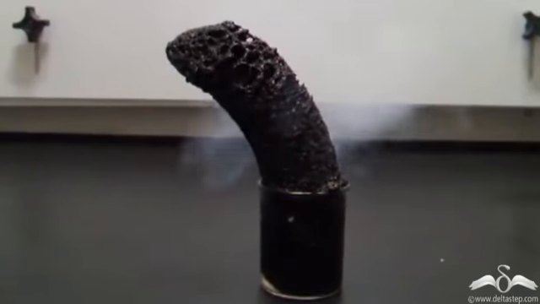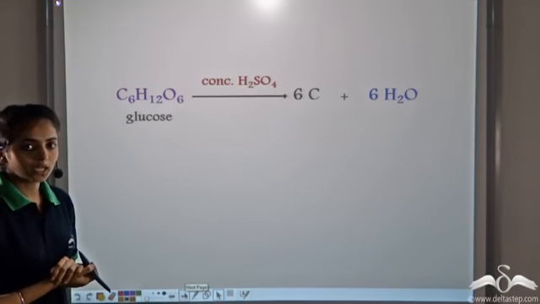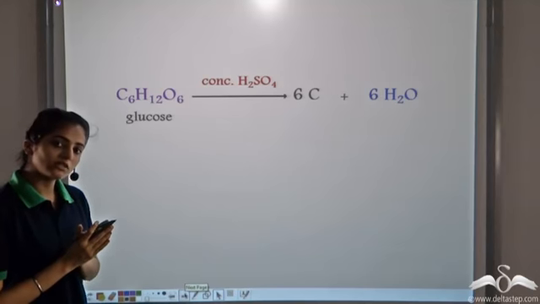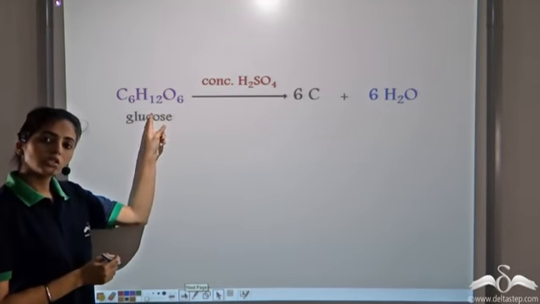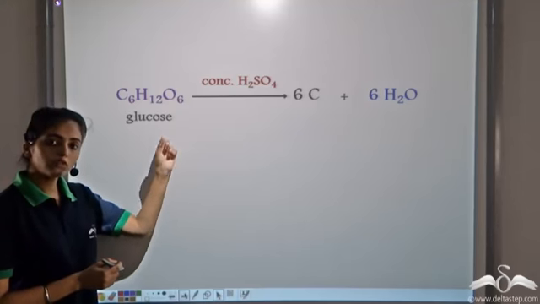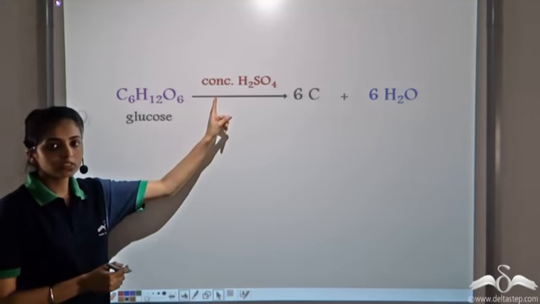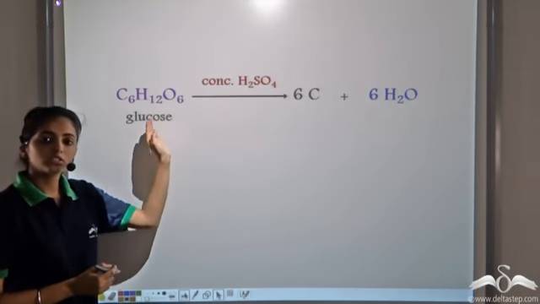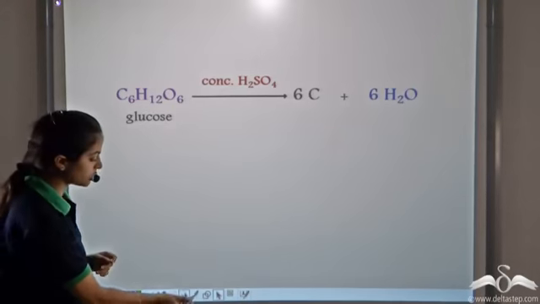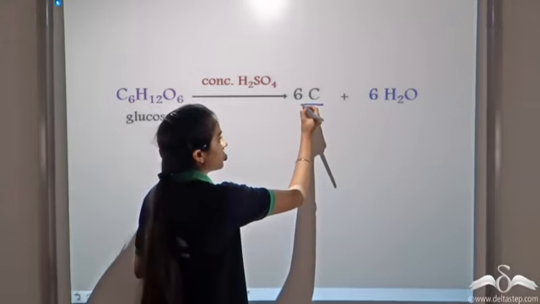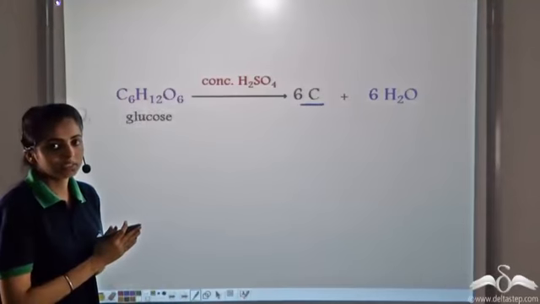So in this case, concentrated sulfuric acid acts as a dehydrating agent. We take sugar or glucose. So there is removal of water from this glucose by concentrated sulfuric acid. It results in the formation of carbon. This is the black substance that we saw. Carbon is black in color, which appears as a carbon snake.